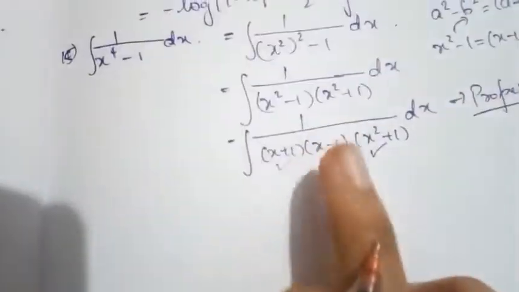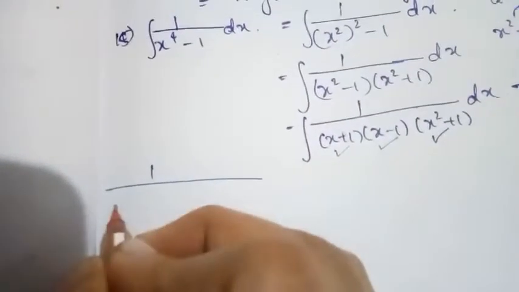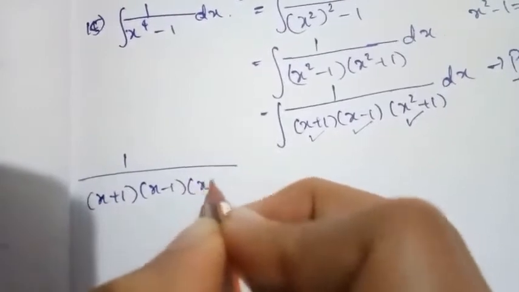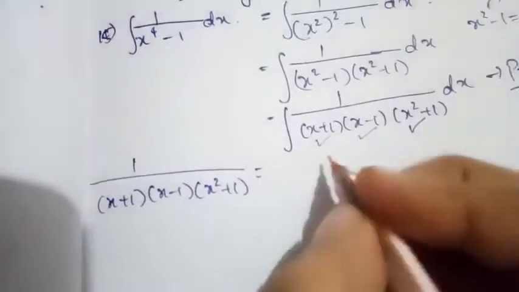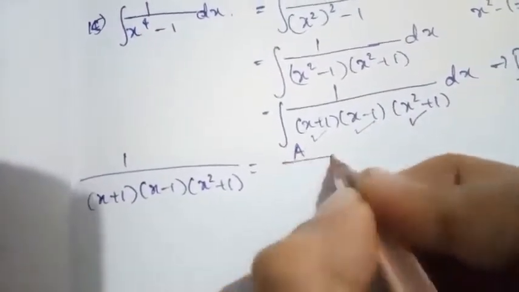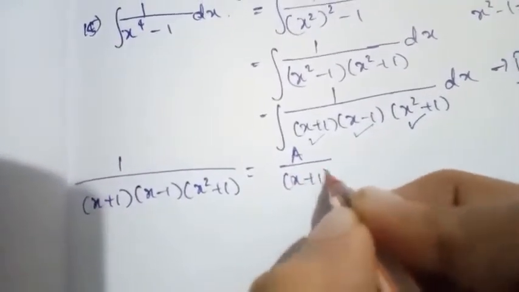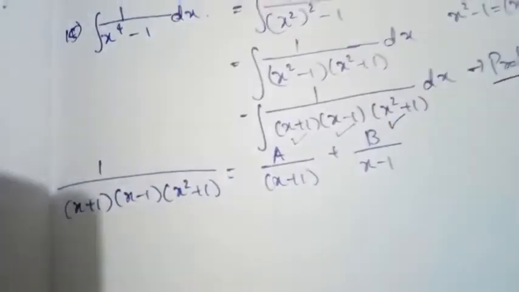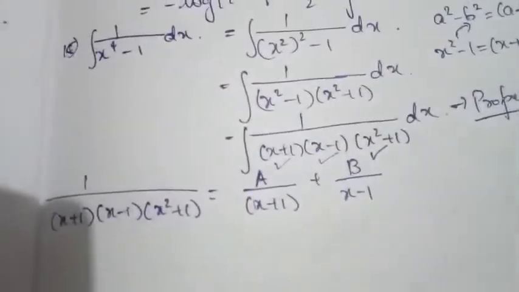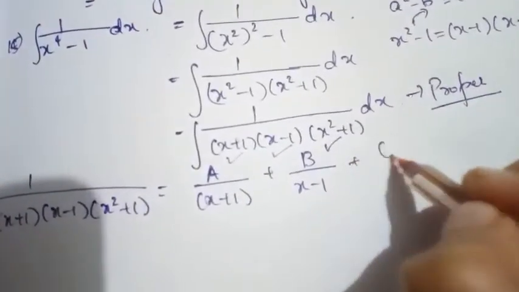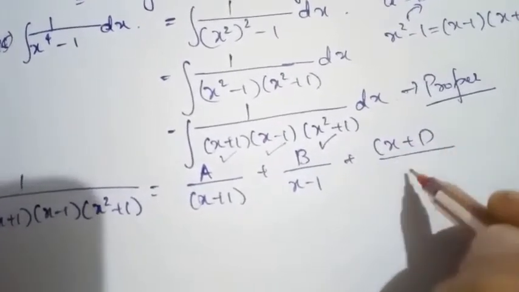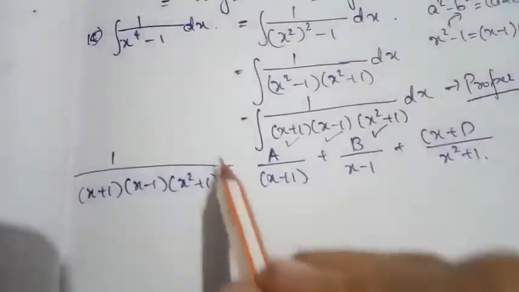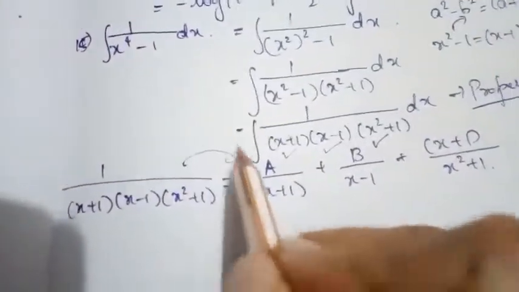So I consider our integrand, 1 divided by x plus 1 into x minus 1 into x square plus 1, equal to a divided by x plus 1 plus b divided by x minus 1, and for the unfactorizable quadratic, cx plus d divided by x square plus 1. This is how we write the integrand in partial fraction form.